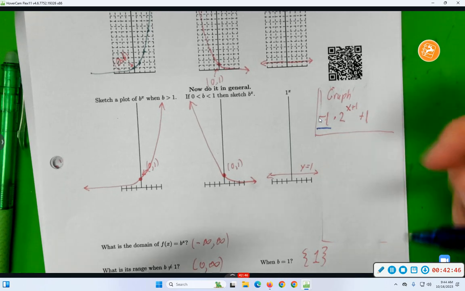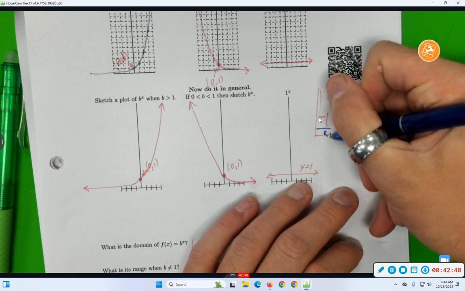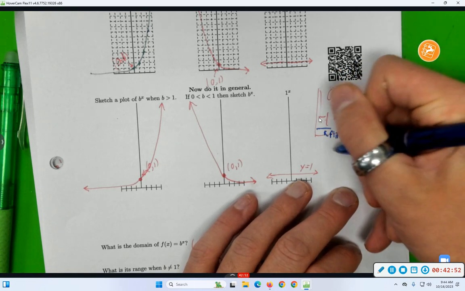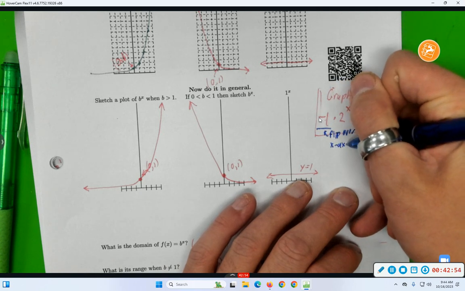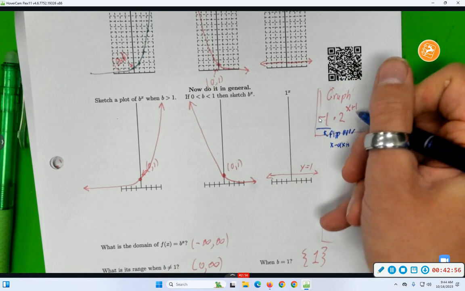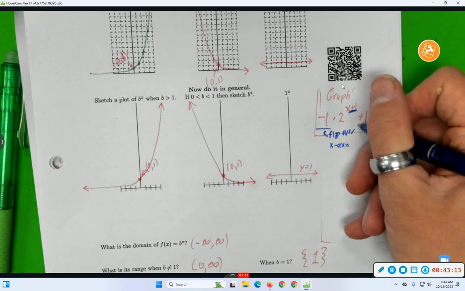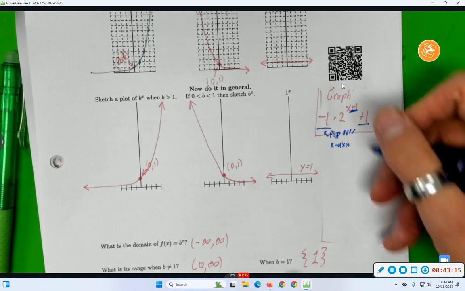So that'll flip it over the x-axis. That +1 next to an x, what will that do to the graph? Move it left by 1. What will that other +1 do? Up 1. All right, so let's do these one step at a time.